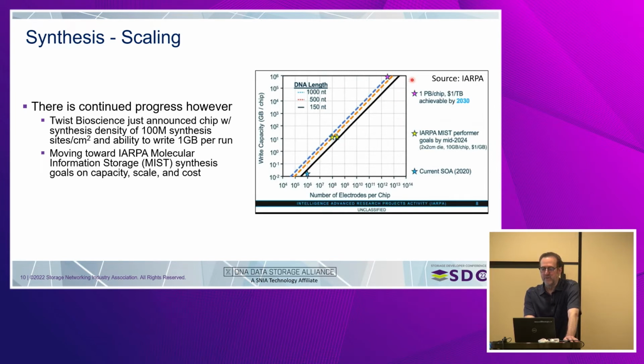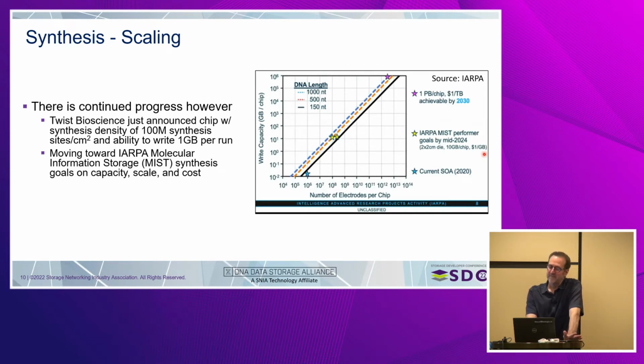kind of set goals that they think we need to achieve to get commercially viable molecular storage. And if you look there, the goals by mid-2024 were to have a 10 gigabyte chip and about $1 per gigabyte.